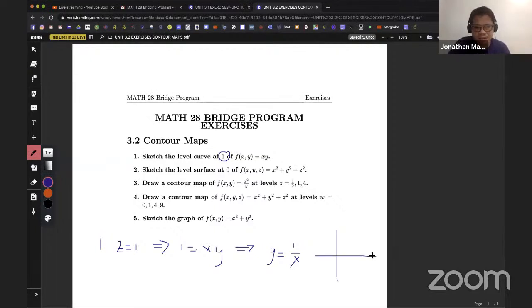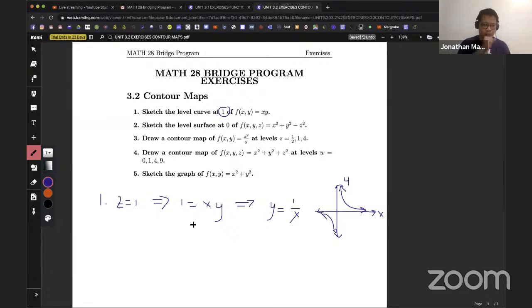Okay? So this rational function, ang graph niya ay ito. Asymptotic to the x-axis and asymptotic to the y-axis. Okay? So that is the answer to number 1.